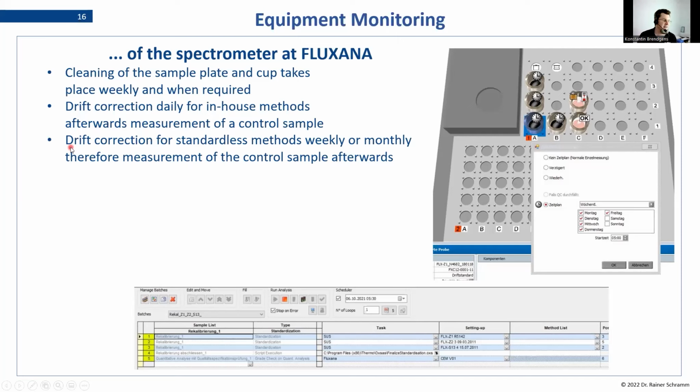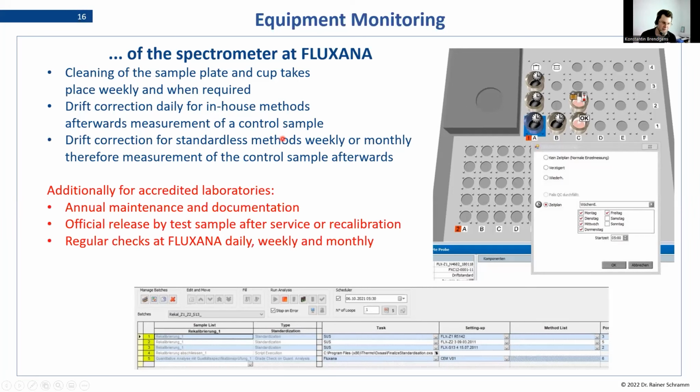And there are some other standardless methods we use not so often. They will be done weekly or monthly, and the control sample will follow. But for our workhorses, let's say, we do it on a daily basis simply because it doesn't affect our working time, and we can easily remotely start it.